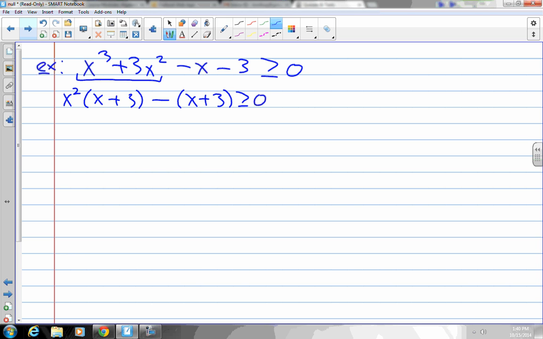So x plus 3 now becomes your common factor. So you pull x plus 3 out, and you're left with x squared minus, well, placeholder 1. Factoring by grouping. And then x squared minus 1 also factors.